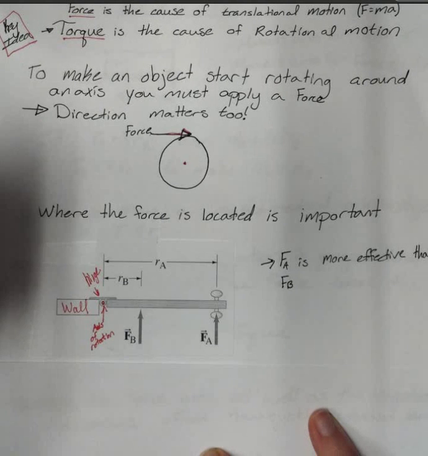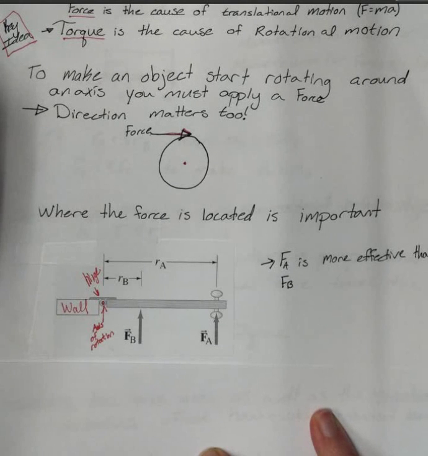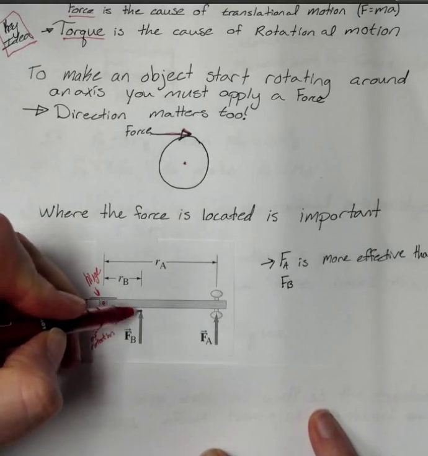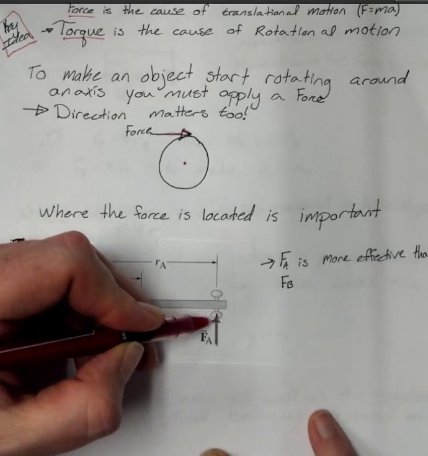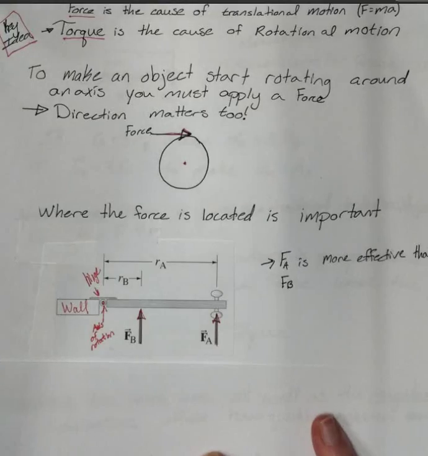And if we're looking straight down, we can see that you have a force being applied close to the hinge and a force being applied close to the doorknob. And intuitively, I'm certain that you know which of these forces is more effective.